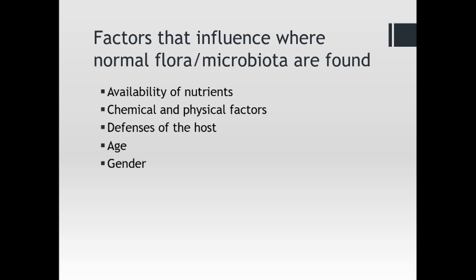Our age plays a factor as well. As we age, things change within us. Our cellular structure and the compounds that we produce and the hormones that are flowing through us, that changes as we age. So age plays a factor in it. And our ability to defend ourselves against some bacteria that under normal circumstances and in the right locations, they cause no disease whatsoever, but sometimes they can cause disease in other places.